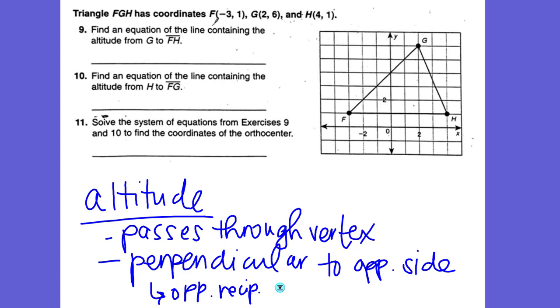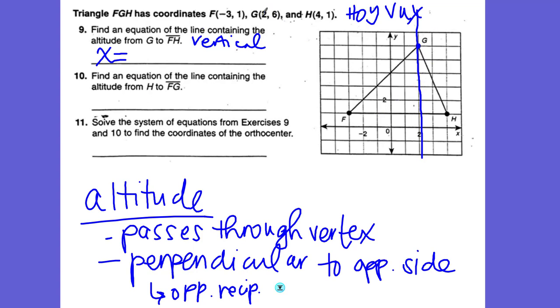So first it says find an equation of the line that contains the altitude from G to FH. Well, FH is our side. It's a horizontal line, so our altitude is going to be a vertical line that passes through the opposite vertex, which is G. If it's vertical, it's x equals, and I can just look on this graph.